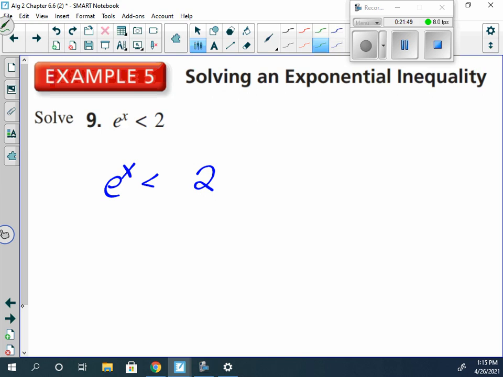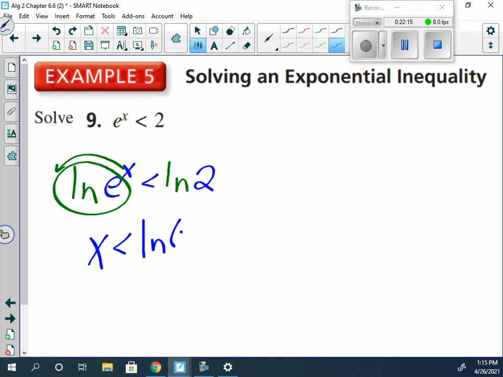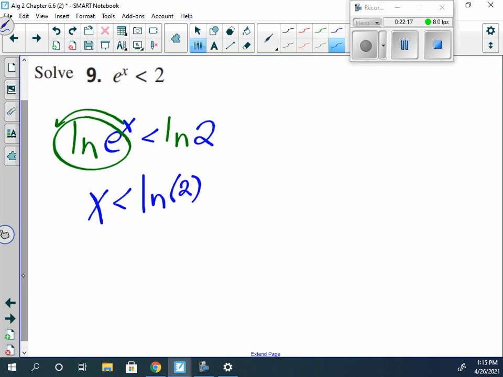For this one here, how would I get the variable out of the exponent? What can I do to simplify e? We can take the natural log of both sides. Because the natural log of e is 1, that exponent goes out front and this whole side simplifies to x, which is less than the natural log of 2.